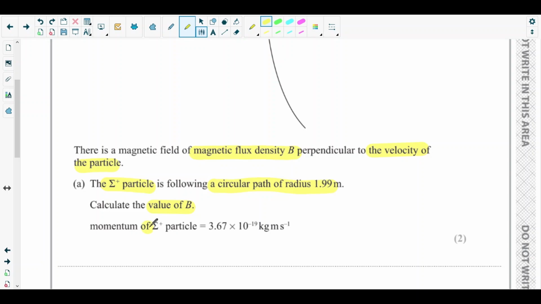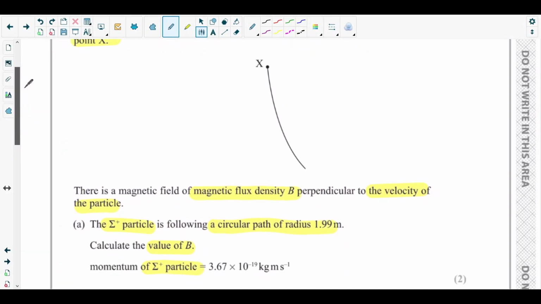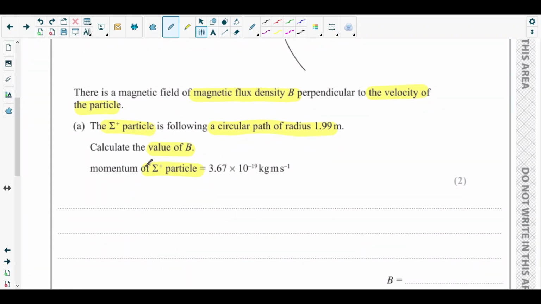Momentum of omega plus particle is given as 3.67 times 10 to the power minus 19 kg m/s. So the question is asking to find out the magnetic flux density. Since the momentum is given, we can find the magnetic flux density using this formula: BQV equals mv squared over r.